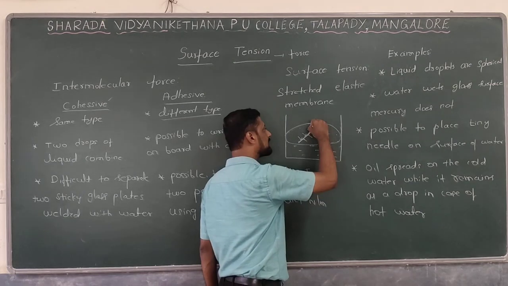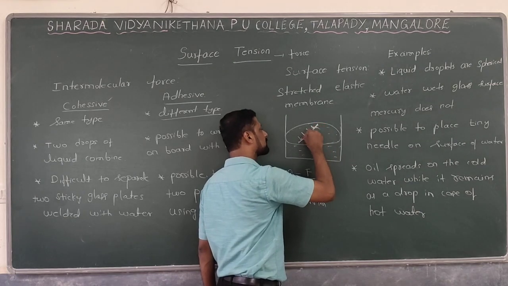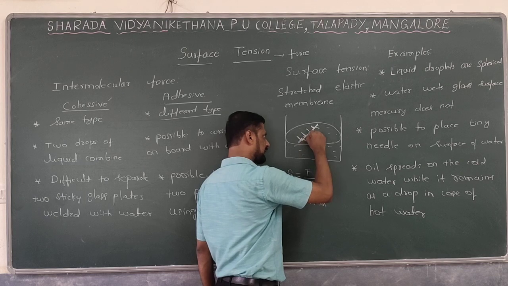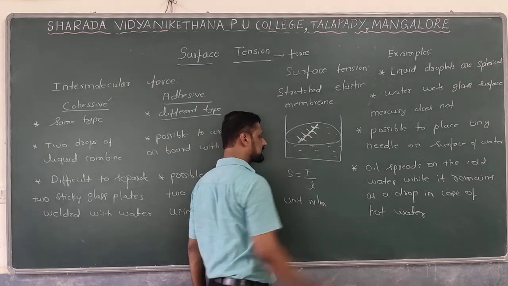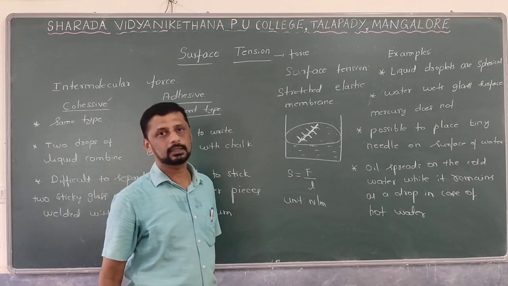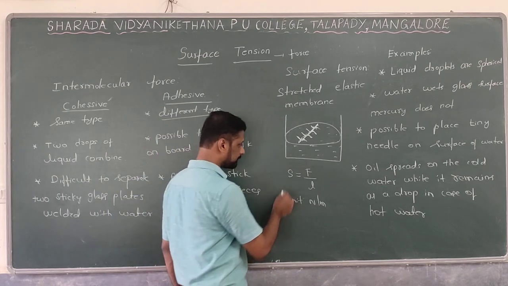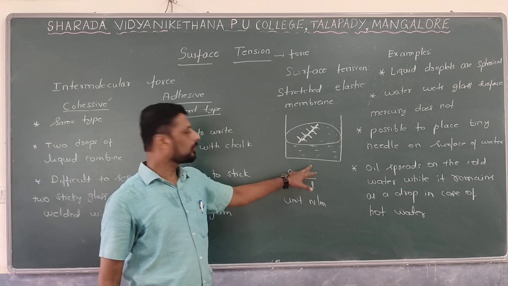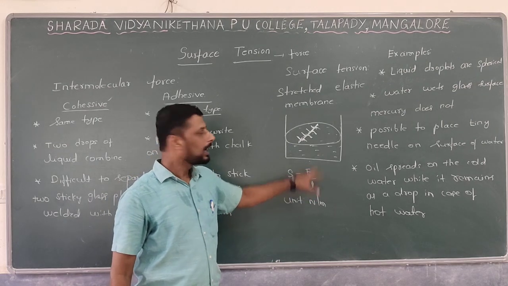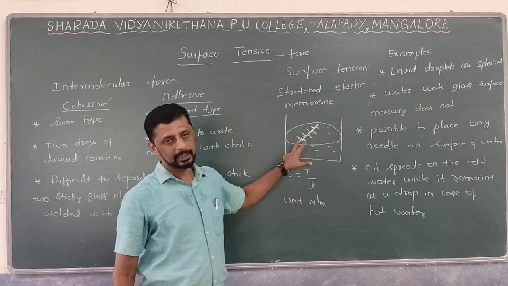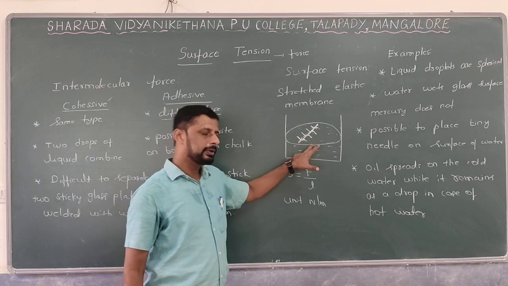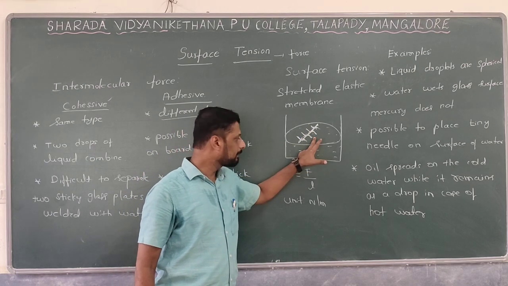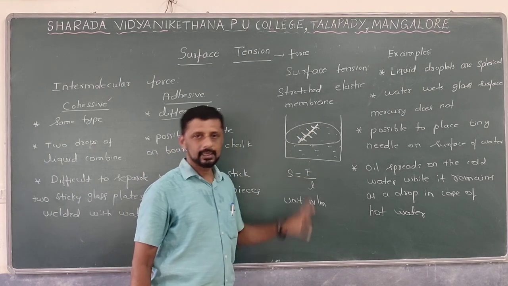By measuring this force, you can measure the surface tension. How can you measure the surface tension? Forces acting per unit length on either side of the imaginary line is called surface tension.